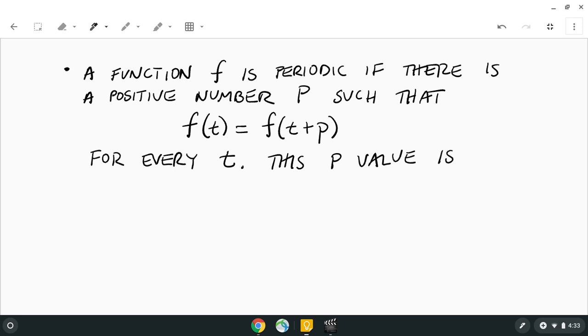And this p-value is known as the period of f.